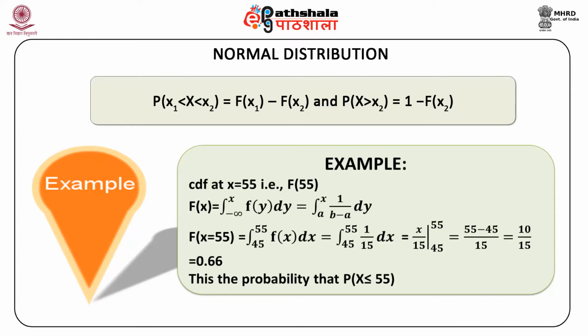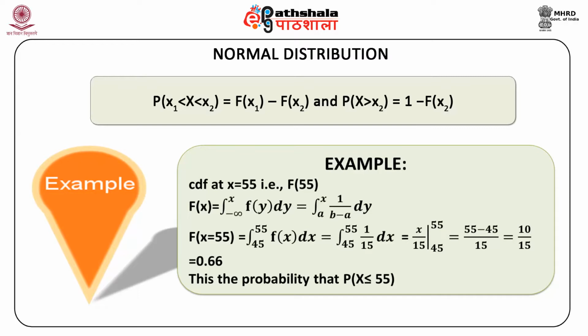That is F(55). We know that F(x) is equal to the integration from minus infinity to x of f(y) dy, which is equal to the integration from a to x of 1 divided by (b minus a) dy.